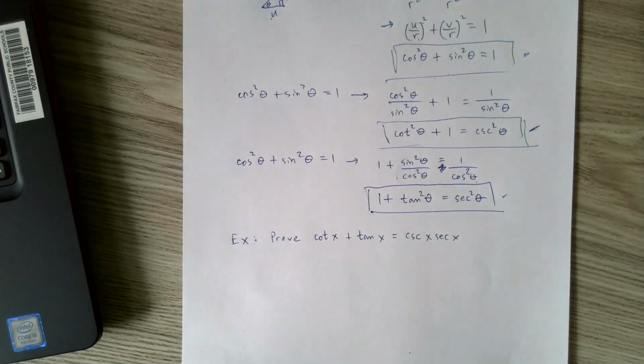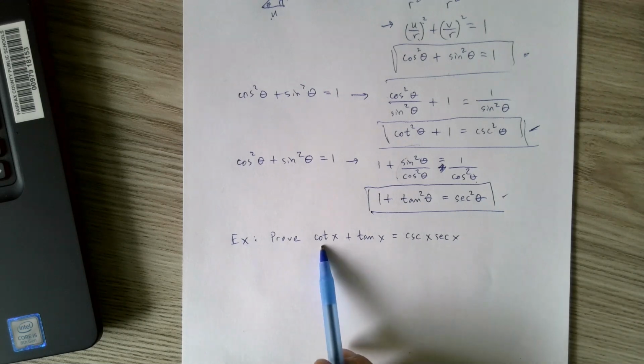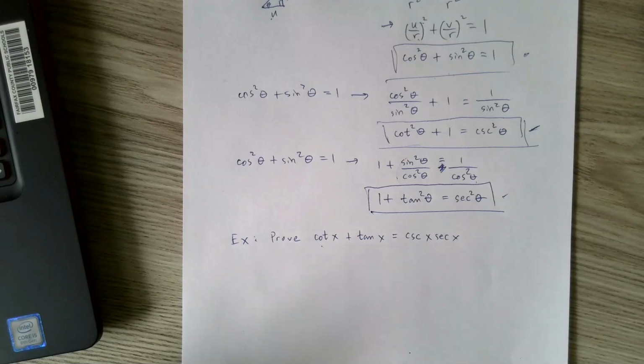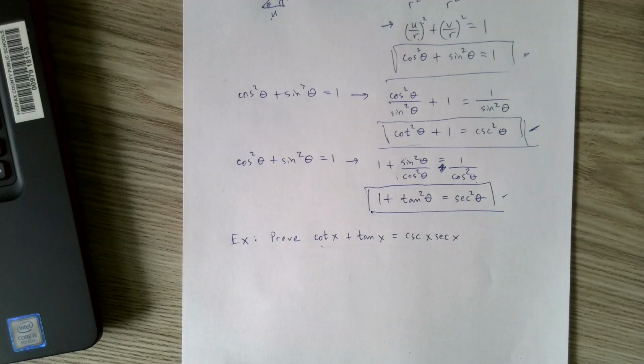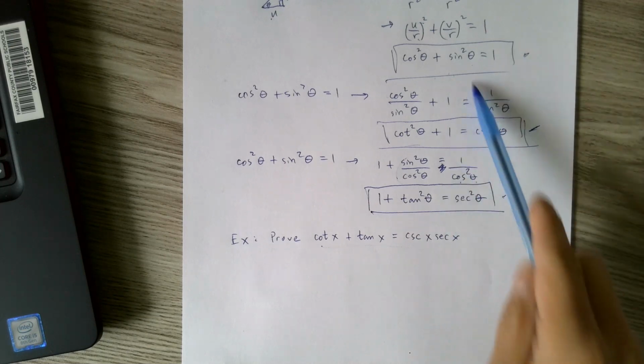We want to prove that cotangent of x plus tangent of x equals the product cosecant x secant x. Now when we're done, this will be a proven identity that you can use anytime. But in the examples I'm going to show, these are not identities that I recommend committing to memory, because you're probably never going to see this identity again, because it's a very specific situation. But these three identities, you're gonna see these situations all the time. That's why these need to be committed to memory.